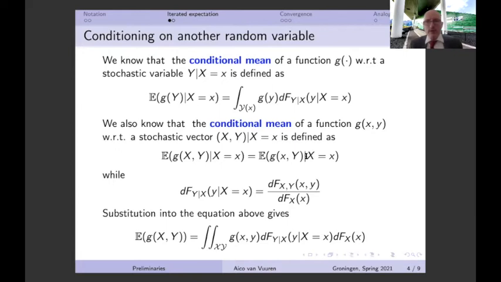Well, then things become a lot more simple, because that implies that this mean that we have now over here is actually no longer a mean with respect to x and y, but only with respect to y, because I only have here a capital Y. So this is actually nothing else than a mean over y, conditional on X equal to x. That means that it's almost identical to what I have over here, with the only difference that I will not have the function g(y), but of course the function g(x,y).